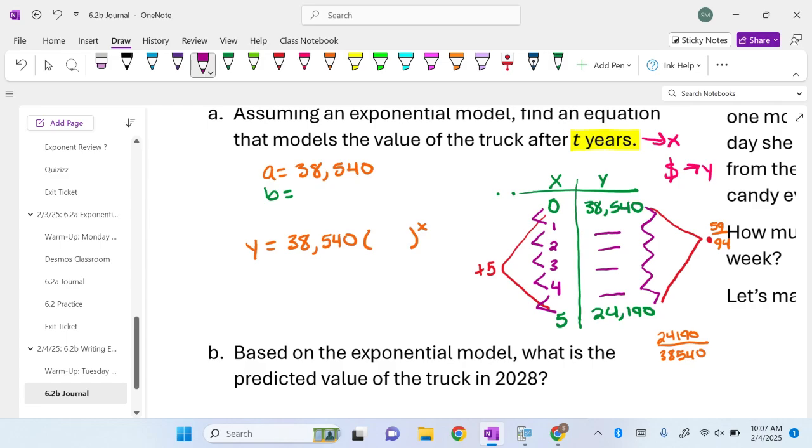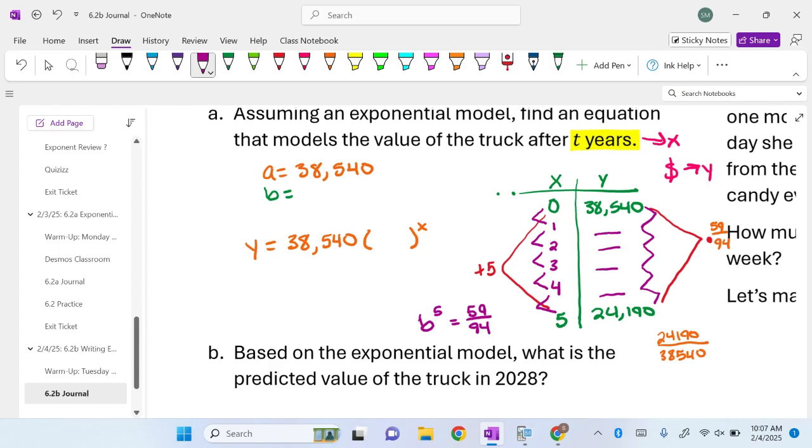So if I'm multiplying the same number 5 times, let's call that number b. That means b is raised to what power if we're multiplying by itself 5 times? The fifth. And b to the fifth should equal 59 over 94.